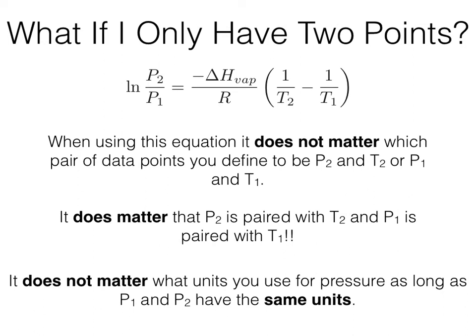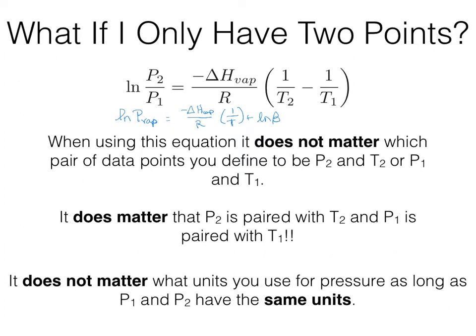So if I have 2 data points, the form of the Clausius-Clapeyron, remember, the multiple data point version, is the natural log of the vapor pressure is equal to negative delta H of vaporization over R times 1 over temperature plus the natural log of beta.